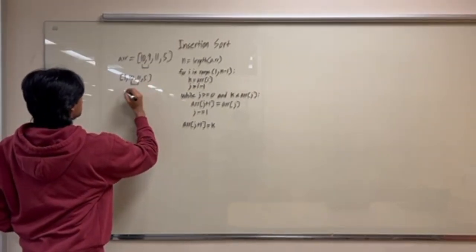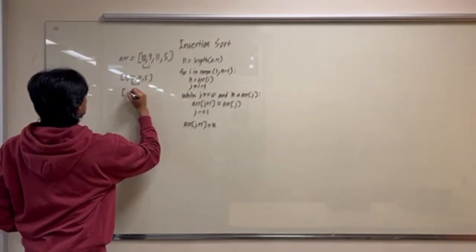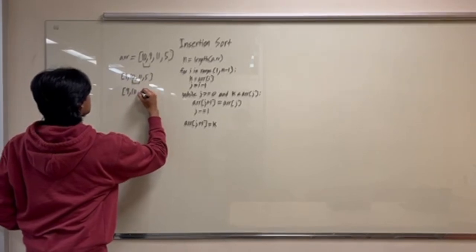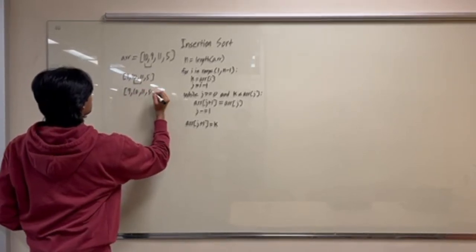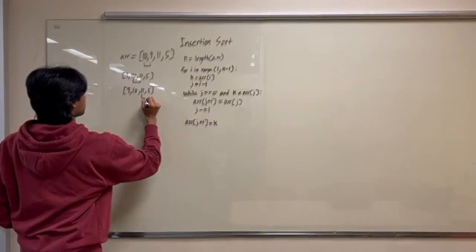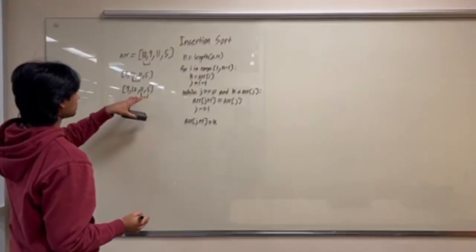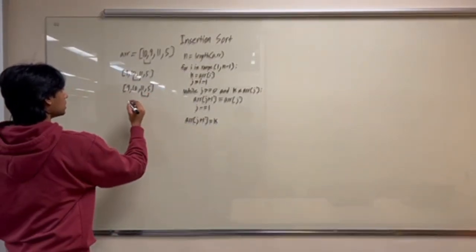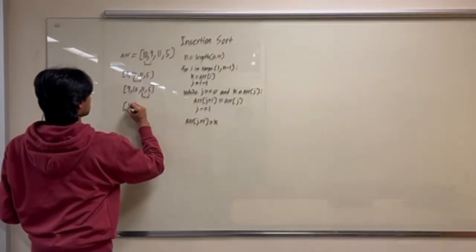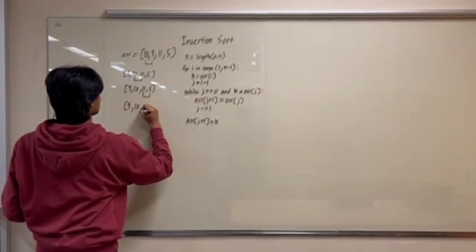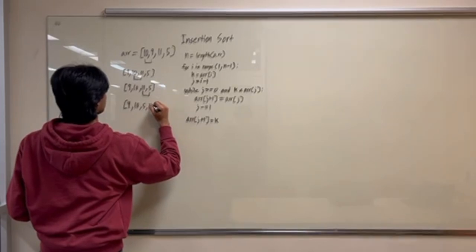Next, we would write the array again, 9, 10, 11, 5. So now we compare 11 to 5, and we see that 5 is supposed to be less than 11. So what ends up happening is we will swap those two: 9, 10, 5, 11.